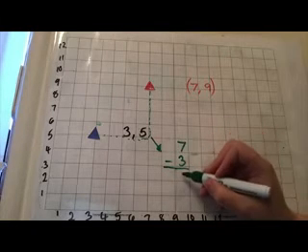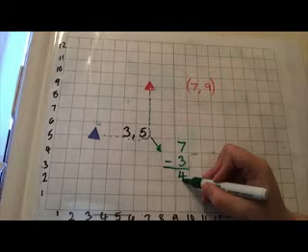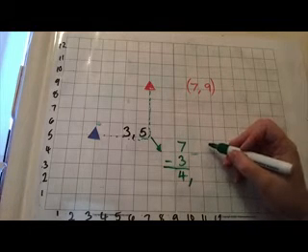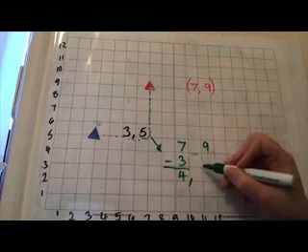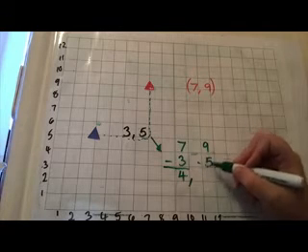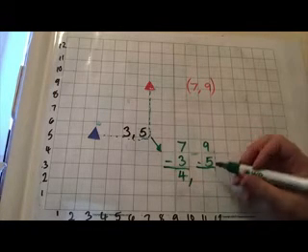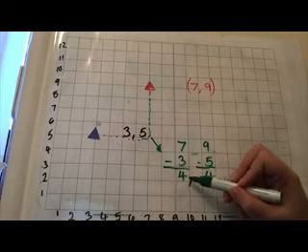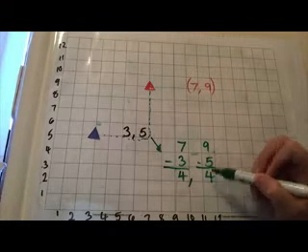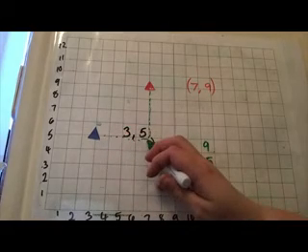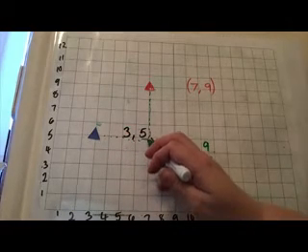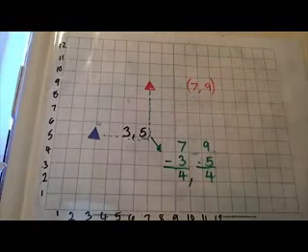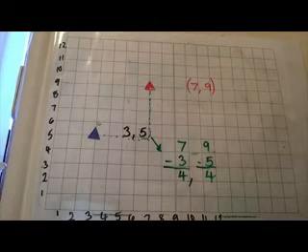So 7 take away 3 gives us 4. And then we can work out our y-axis is 9, take away 5 gives us 4. So the amount it's moved is 4, 4. So it's gone along 4 and it's gone up 4. And I can check the grid and see, yes, that's exactly what's happened.